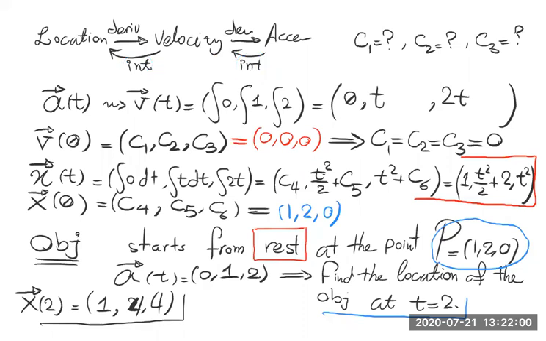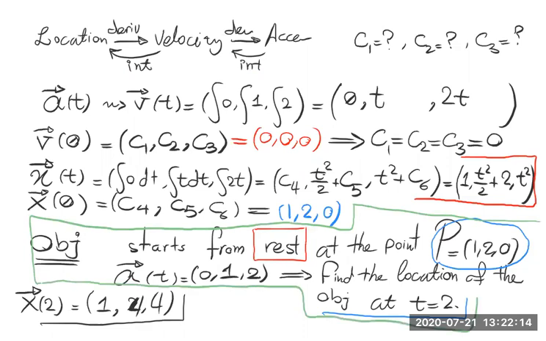Now, I have an object which starts at rest at the point p equals 1, 2, 0, and the acceleration vector is 0, 1, 2. I want to find the location of the object at time t equals 2.